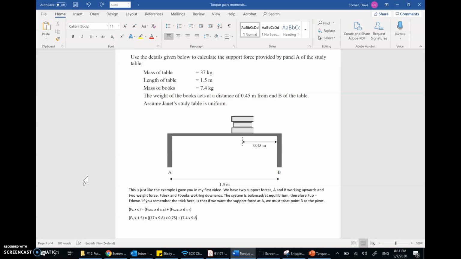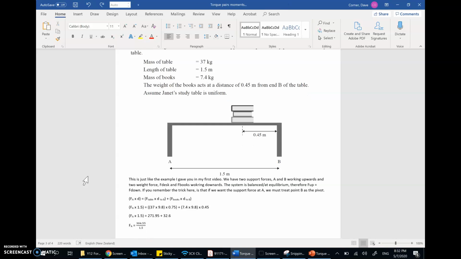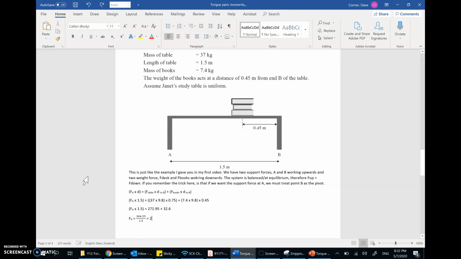Add that to the 7.4 kilos times 9.8 for the weight of the books, and multiply that by the 0.45 meters that they are away from pivot B. Gives us FA times 1.5 as 271.95 add 32.6, and then to work out FA, you add those two numbers on the right up and divide by 1.5 to end up with 203, or approximately 200 newtons acting vertically upwards.